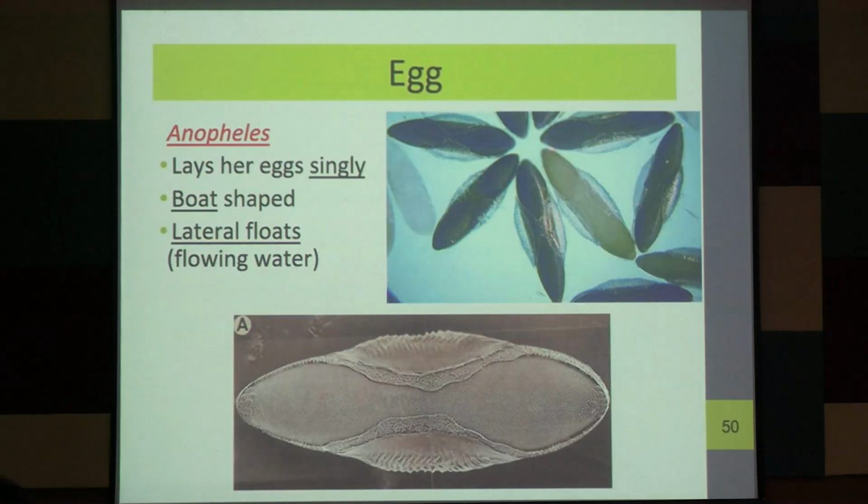Please cover these things. For Anopheles eggs, these eggs are usually laid singly, okay, not in a star-shaped cluster like Mansonia, and they are also boat shaped and have lateral floats, okay, if it is in flowing water, lateral floats, not up and down, but lateral.